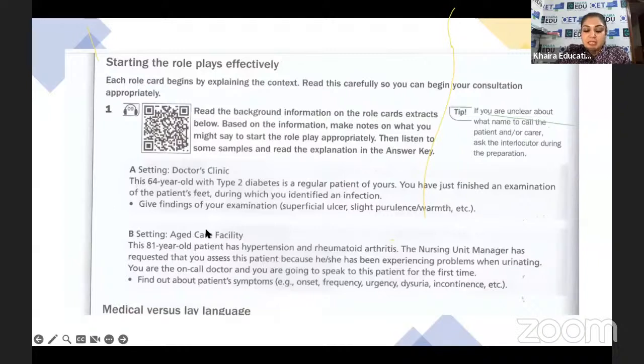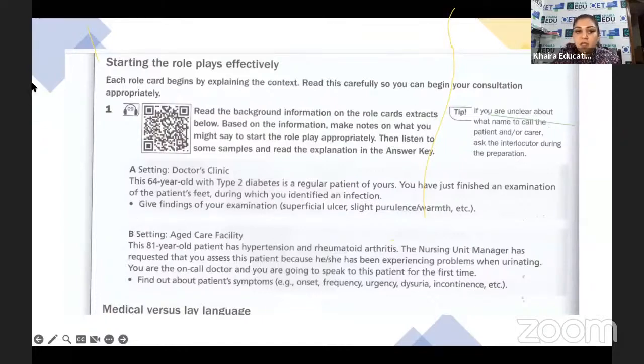We have two settings here. First one, doctor's clinic. This 64-year-old patient with type 2 diabetes is a regular patient of yours. You have just finished an examination of the patient's feet during which you identified an infection. First task is to give the findings of the examination.